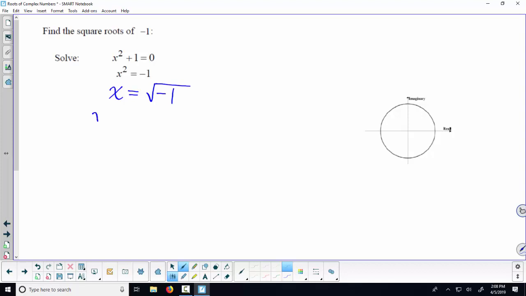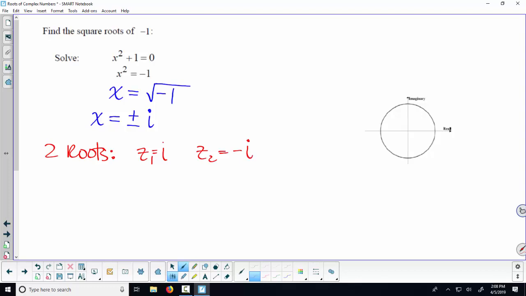Well, we know from algebra that we want both of those roots. So we want the plus or minus, and the square root of negative 1 is i. So I have, once again, two roots, two complex numbers that when I square them, I get negative 1. One of them is i, and the other one is negative i.